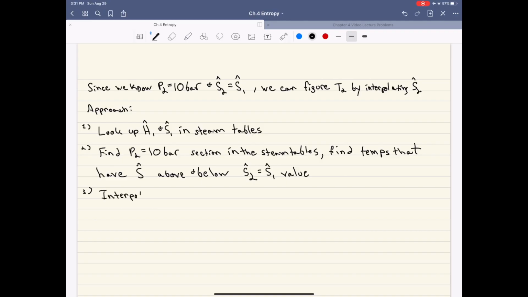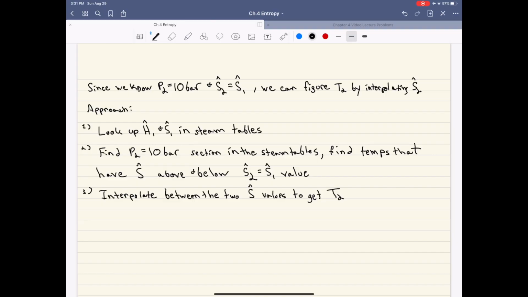interpolate between those two entropy values to get T2.